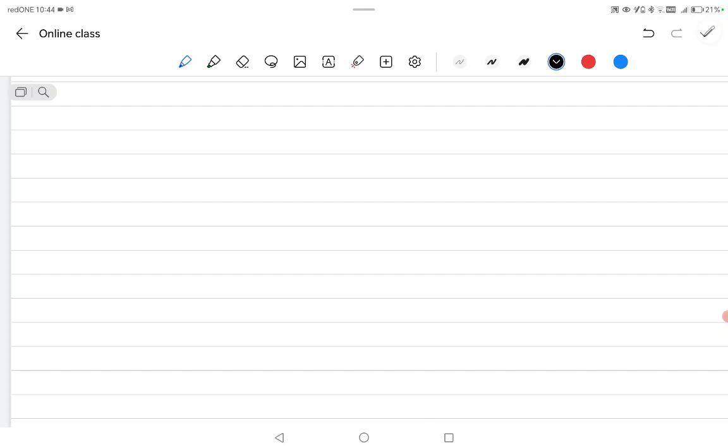Let's say we have x squared plus 6x plus 7 here. We want to simplify, or factor, this expression. Using the completing the square method, first we write down x squared plus 6x plus something, and then plus 7 minus something.